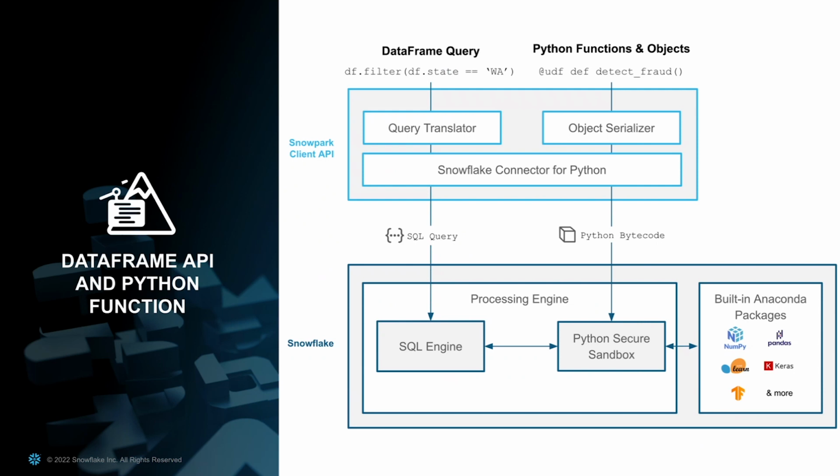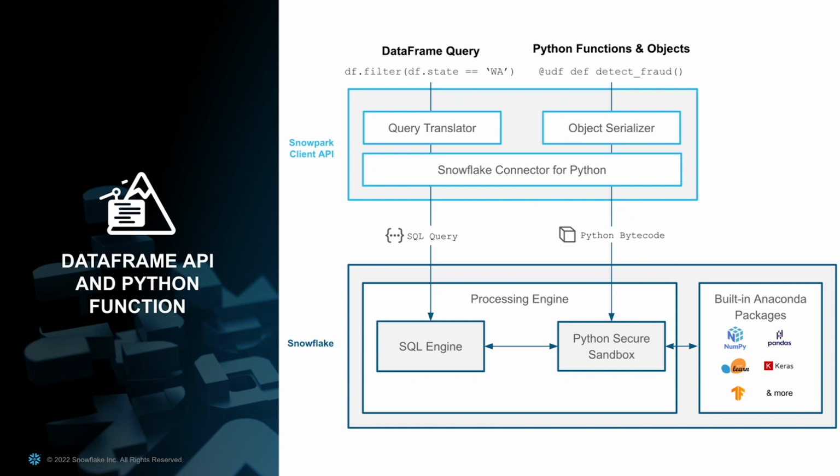How is the Snowpark architecture different from the Spark architecture? In Snowpark, we support data frame APIs and also Python functions and objects. Data frame APIs are converted into SQL queries by our Snowpark client API, and then the SQL queries are fired to the SQL engine. Python functions or objects are serialized and converted into Python bytecode, which is stored in a secured Python sandbox.